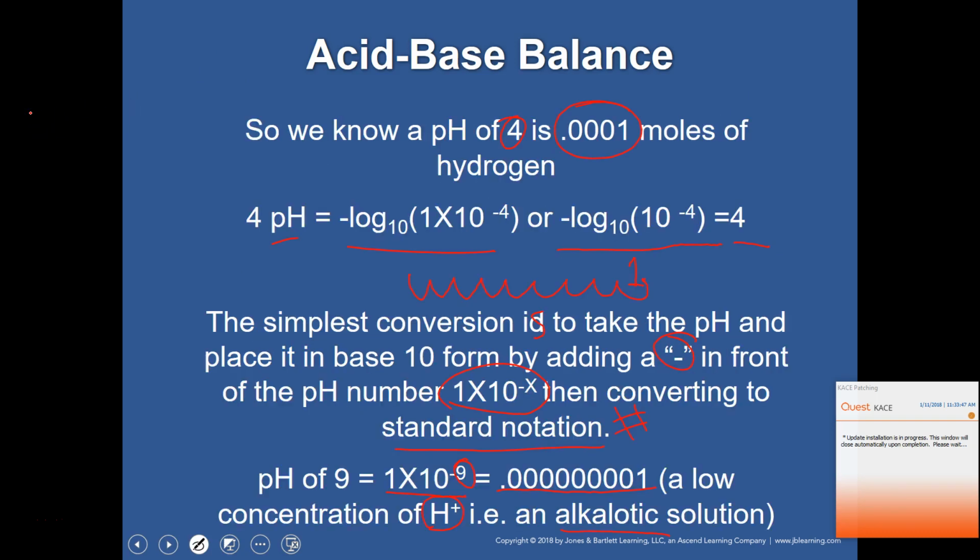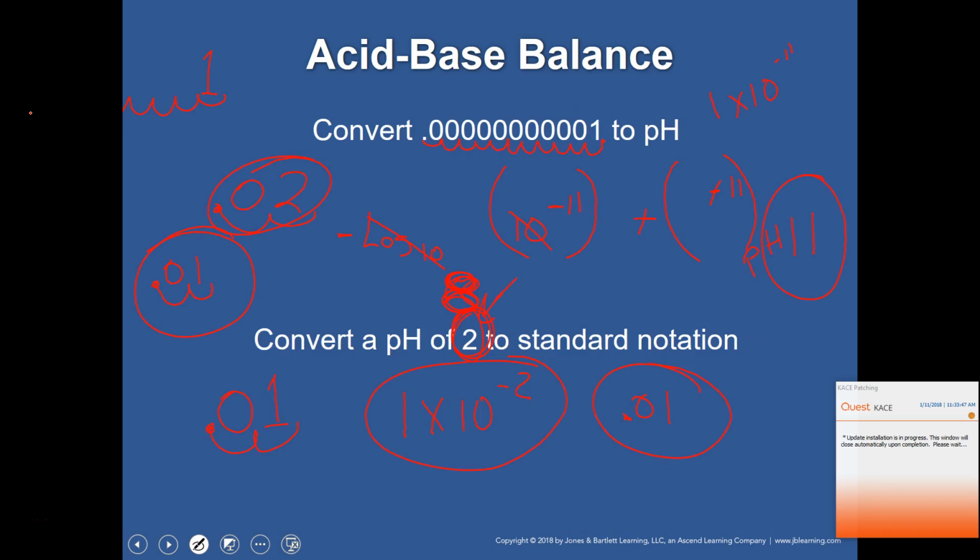We'll have a 1 with 7 zeros in front of it, which is very alkalinic.